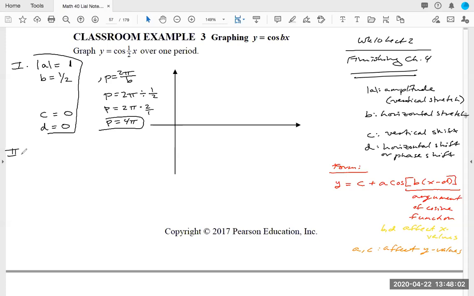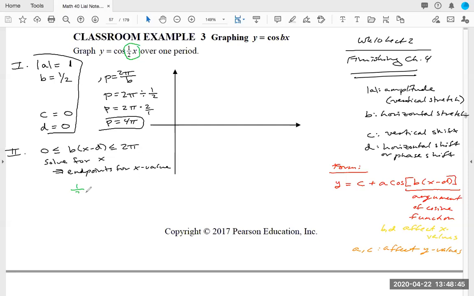The second part that we needed to do was find how we shift. And by doing that, we place b times x minus d between 0 and 2 pi, and we solve the inequality for x. That will give us the endpoints for our x value shifts. So in this case, b times x minus d is right here because that's all the argument for cosine.